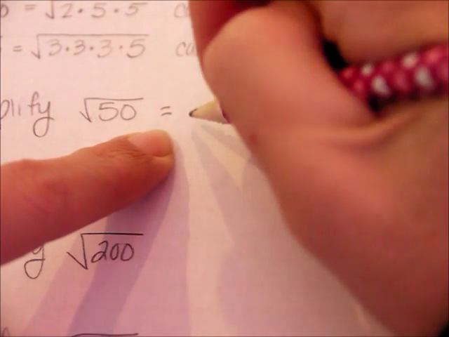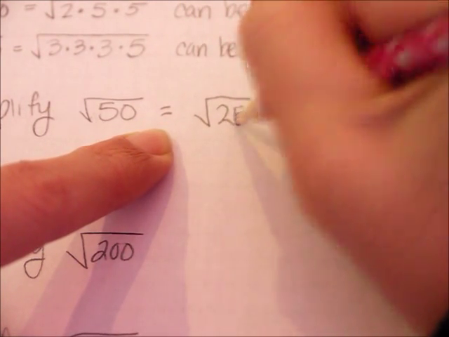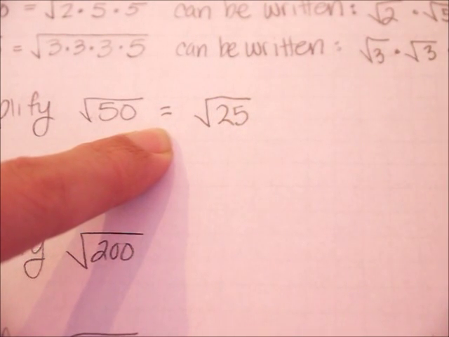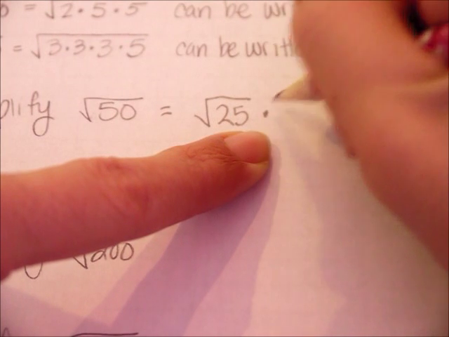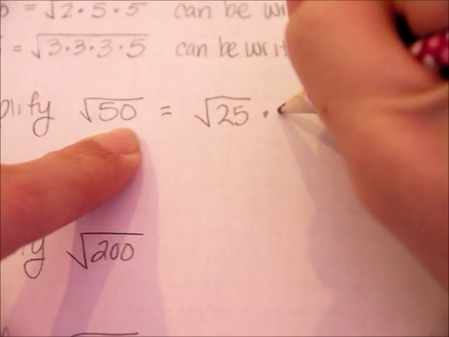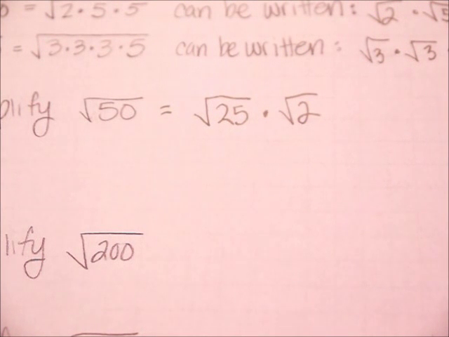I found one. The perfect square is 25, times square root of 2. Does that make sense? Okay.